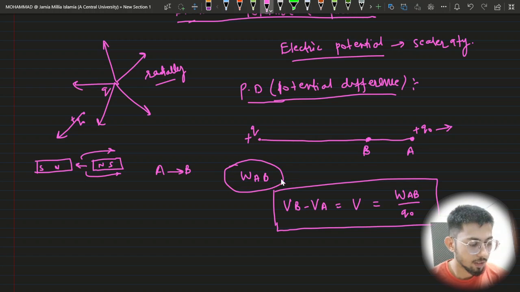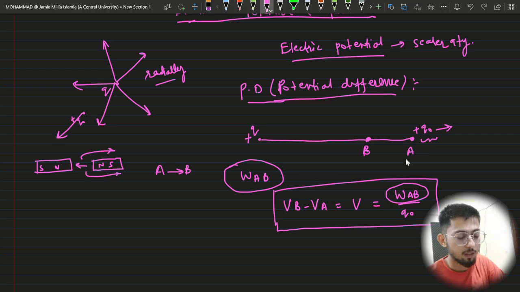Now the potential difference between A and B will be defined by that work done, WAB, divided by the charge. That's what potential difference is. This V is also called VB minus VA, the potential difference of B minus potential difference of A, given by work done upon charge.